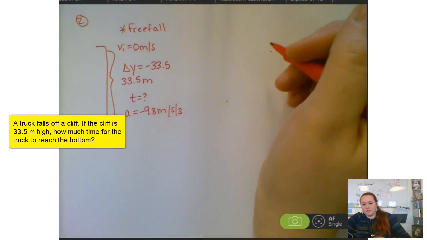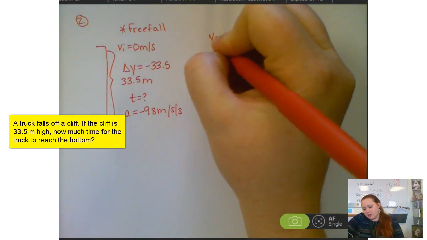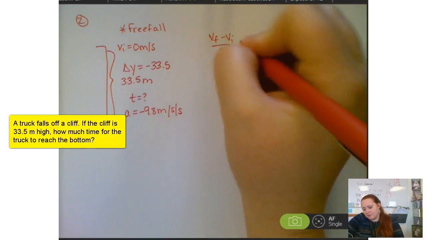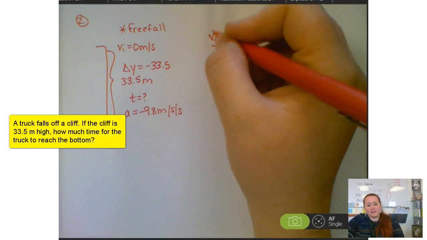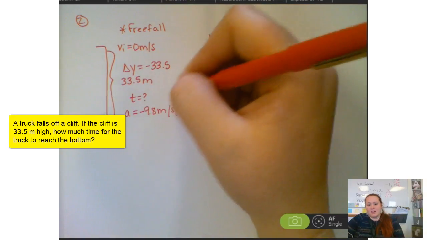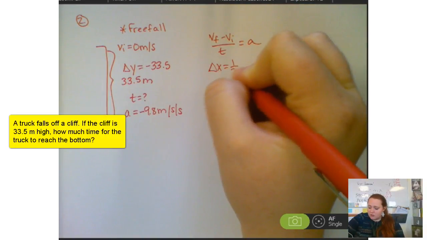Now, since I'm looking for time, I need an equation with time in it. I can't use this equation, the one I used in number 1, because I don't know VF. So I need an equation without my final velocity in it that will allow me to solve for t. So I'm going to use this equation.